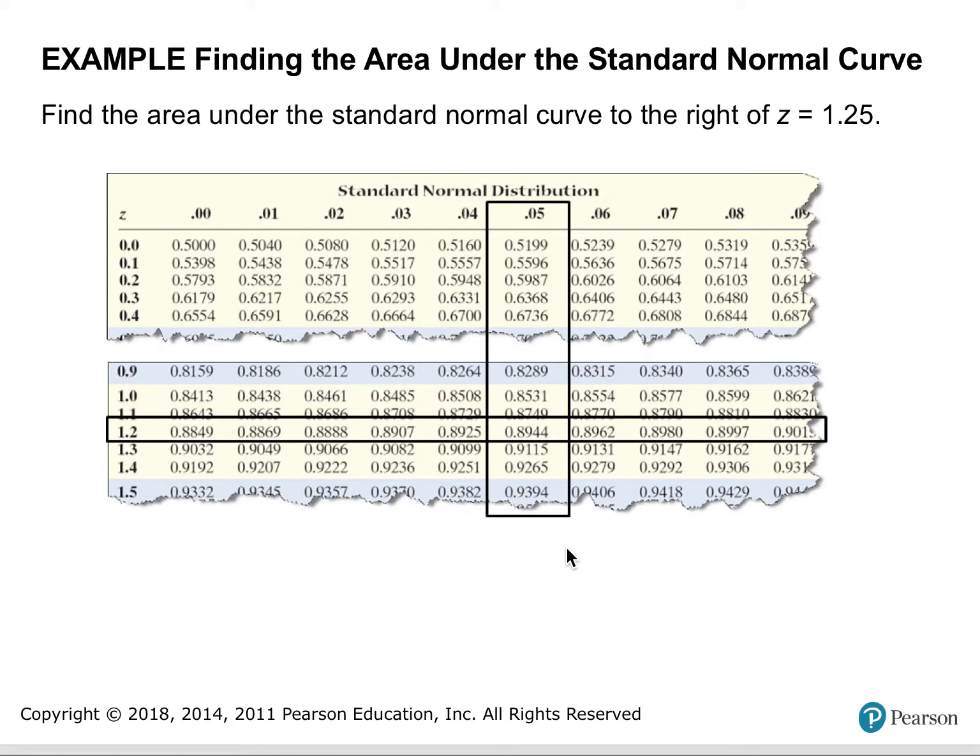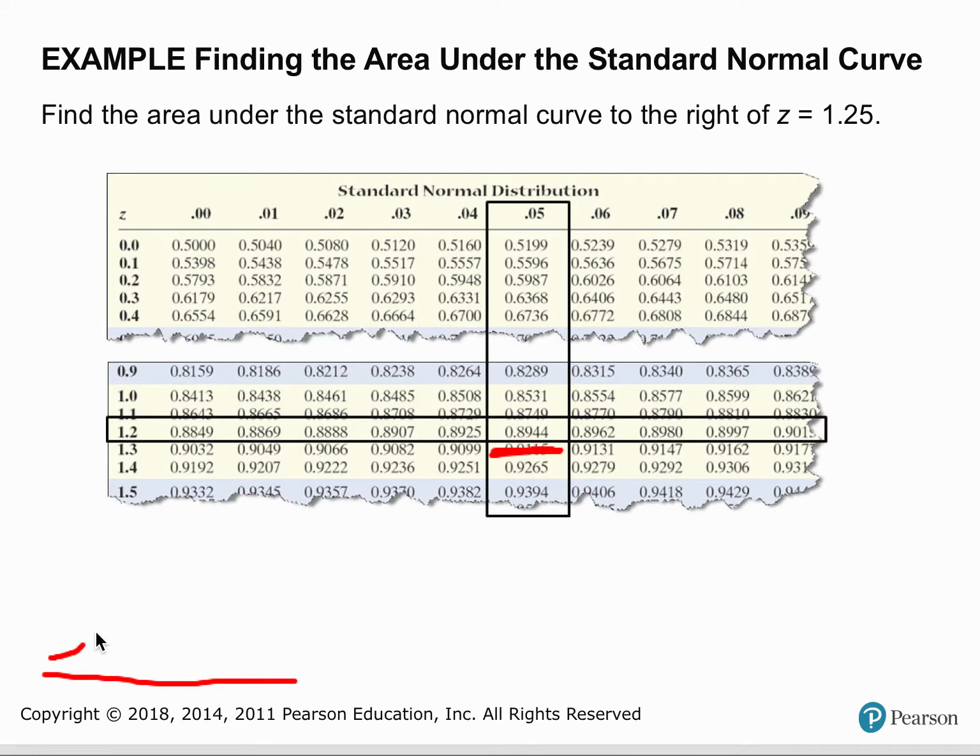All right. Find the area under the standard normal curve to the right. Okay. So this time, our z value is 1.25. So 1.2, 0, 1, 2, 3, 4, 5. But that's not our z value area because this time it says to the right.